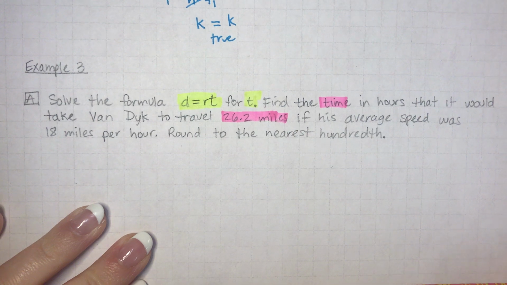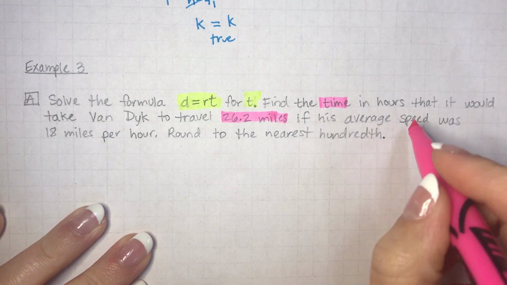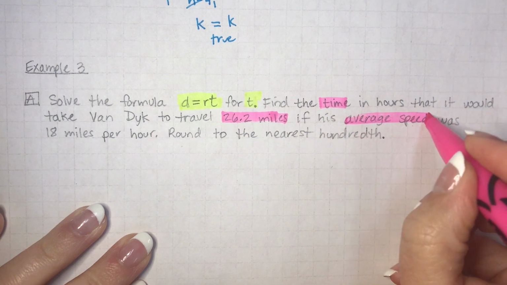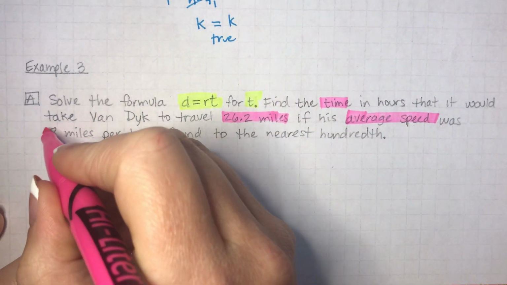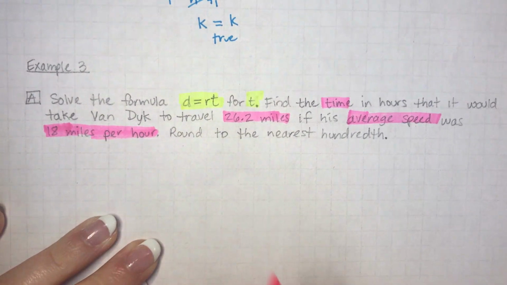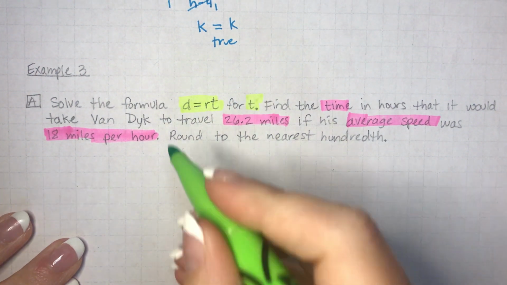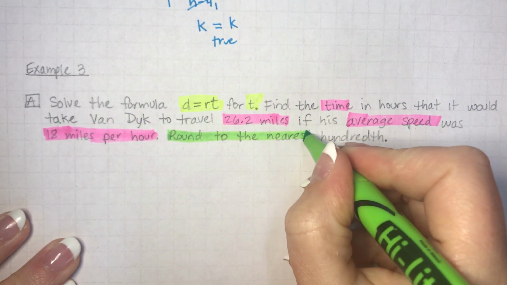That's going to be our distance. If his average speed was 18 miles per hour. And then round to the nearest hundredth. We need to remember that. It's always important to leave your answer how the problem asks you to leave it.